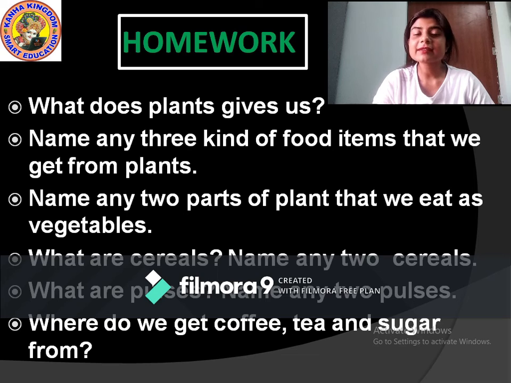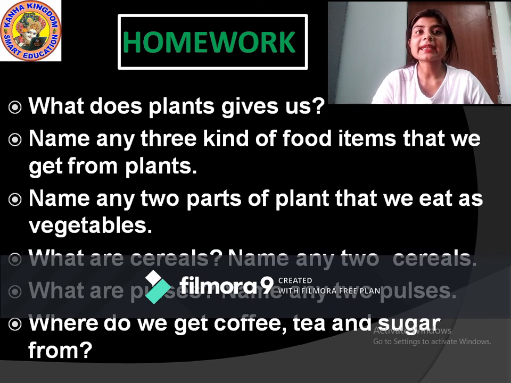You can write like this: the 3 kinds of food items that we get from plants are vegetables, fruits, cereals and pulses. These are the kinds of food items that we get from plants.